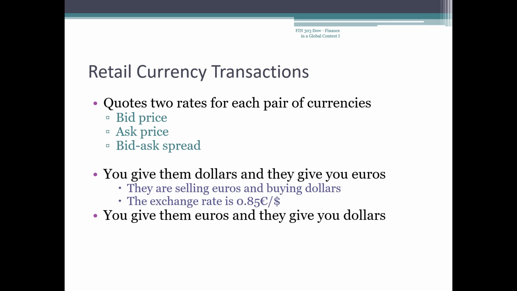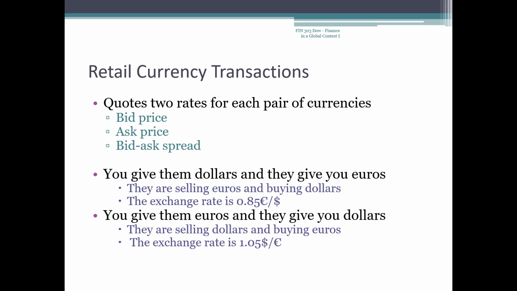If you give them euros and they give you dollars, from their point of view, they are selling dollars and buying euros. Here they quote a price for dollars of $1.05 per euro. If we take the reciprocal of this, we get 0.95 euros per dollar, so we can see that the exchange rates are not the same.